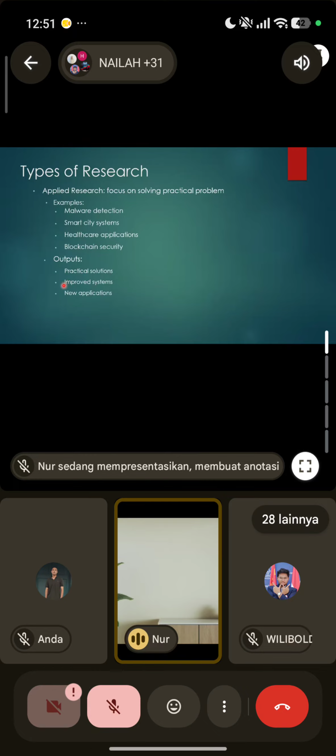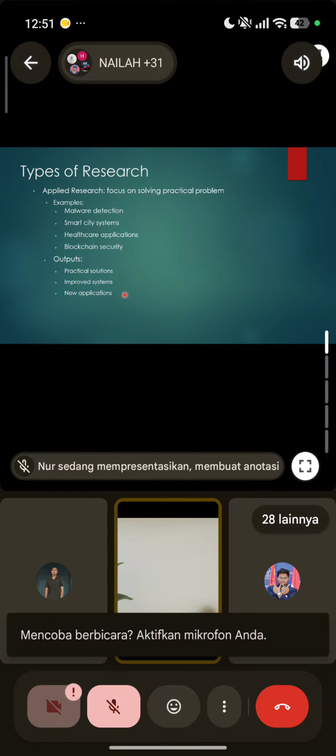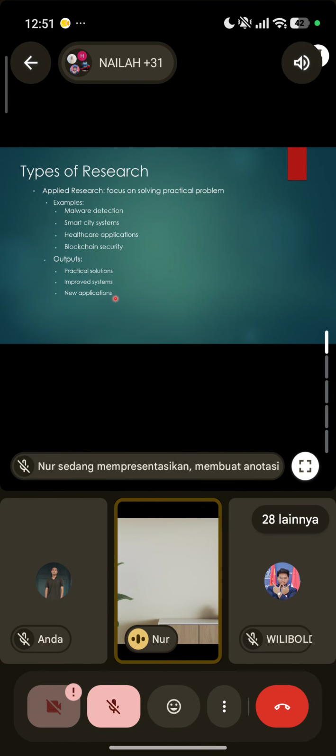And then the second one could be an improved system. So some system can be improved by using this type of research, and also a new application. Yes, new application. This is the second one.